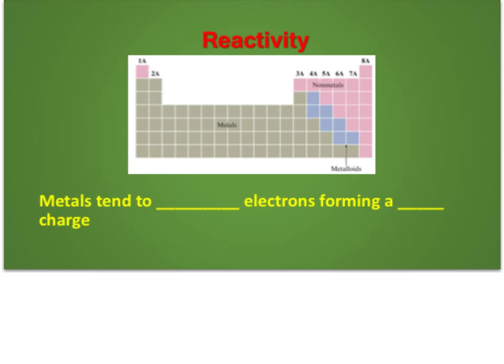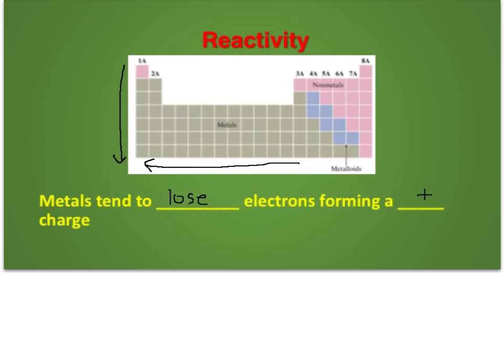Okay, so let's talk about reactivity here. Metals, from all that we've seen, tend to lose electrons. When they lose electrons, they acquire more positive than negative charges, so they end up with a positive charge. So think about the reactivity. Reactivity is going to increase in this direction. Why?